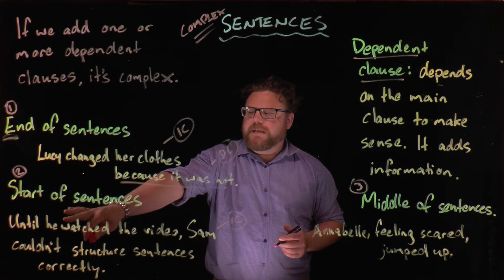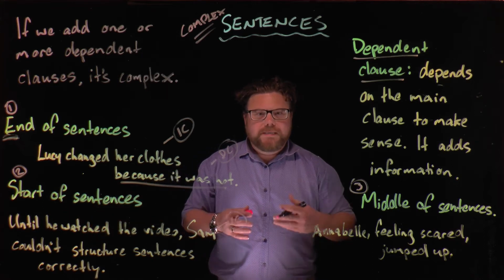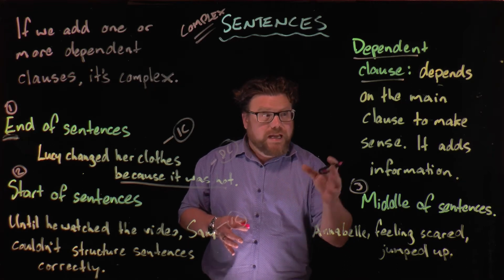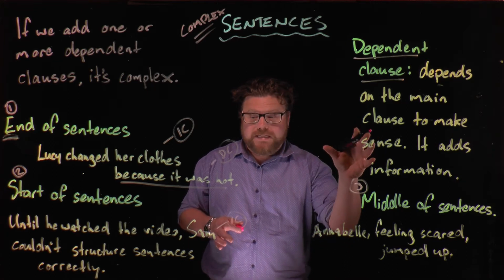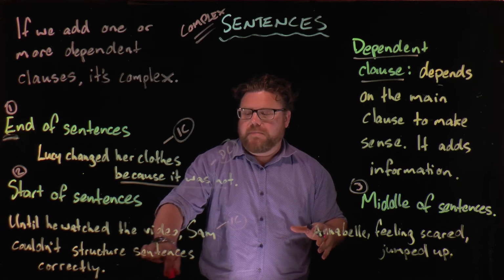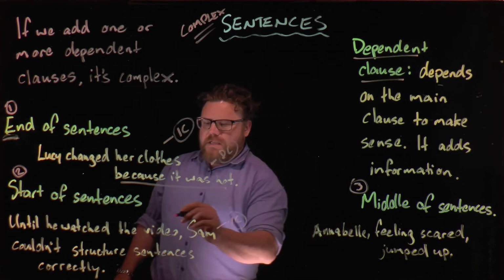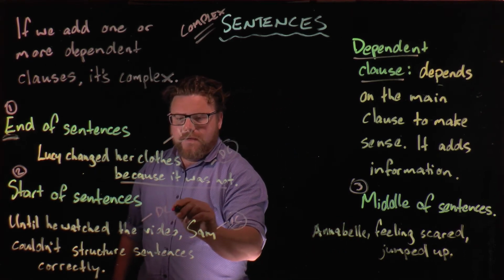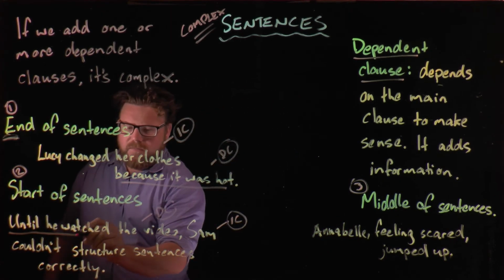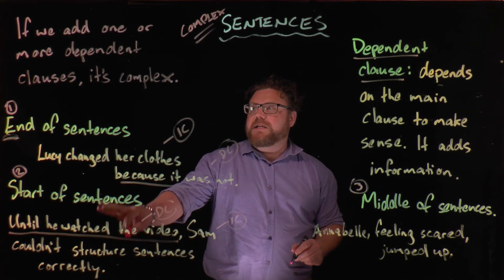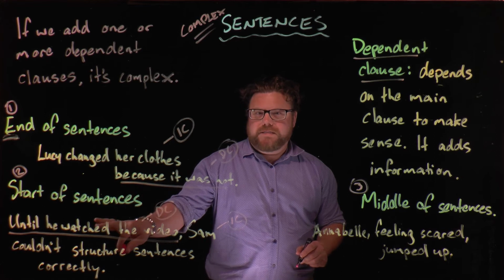But the first bit, until he watched the video, leaves us hanging, leaves us needing more information. It needs more information to make sense, and we get that information in the main clause, or the independent clause. So this bit here, until he watched the video, is a dependent clause within this complex sentence.